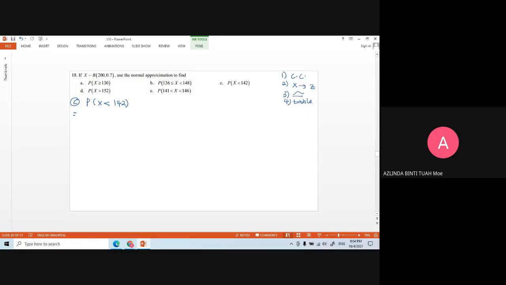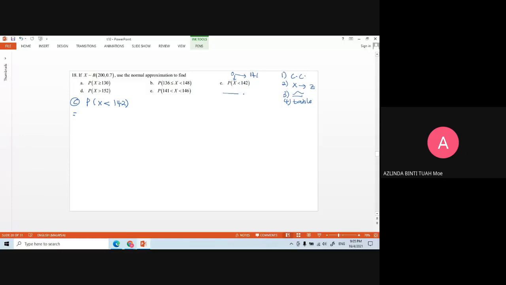Aida. Buat continuity correction jadi berapa value dia dekat sini? Okey, kejap madam. Sebab value probability ni dia nak nilai X tu dari 0 sampai 141 sahaja.